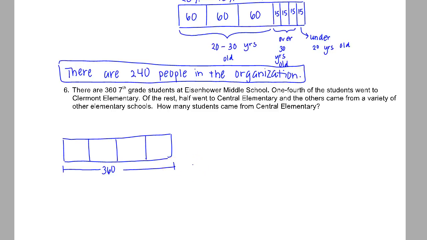If I divide that amongst the 4 boxes evenly, 360 divided by 4 is 90. So we'll have 90 students per section. Now, back to what we were saying, 1/4 of the students went to Claremont Elementary. So one of the 4 boxes, we'll label the first one, represent the students that came from Claremont Elementary School.